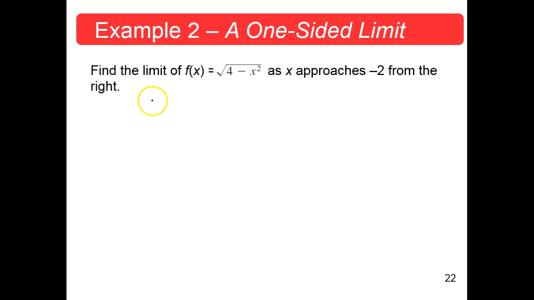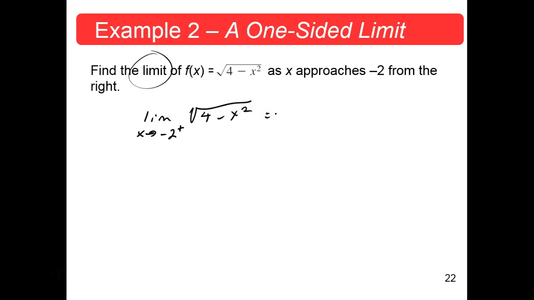How would I write that? Limit, LIM, as x approaches negative 2 from the right. How do we indicate that? A superscripted plus there. Perfect. Square root of 4 minus x squared. You put your f of x in there.